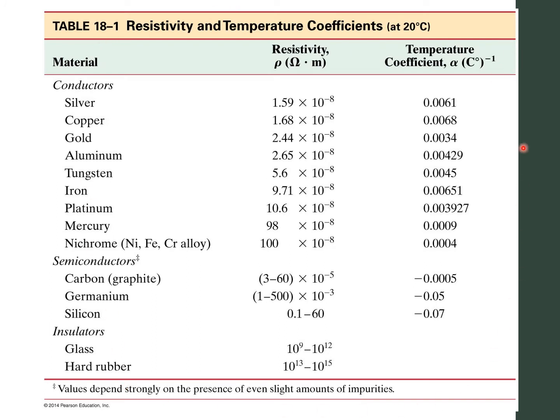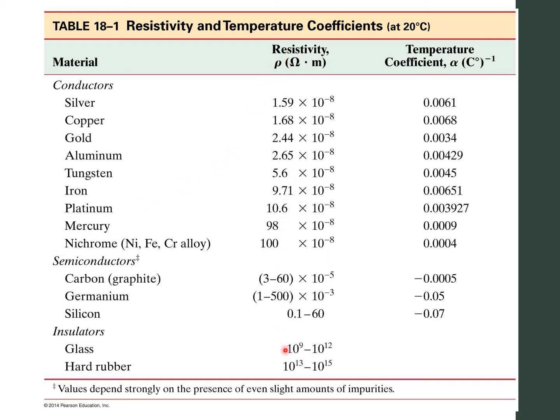So this table here is table 18.1. You'll be seeing it a lot this chapter when you're going through and doing calculations. So on the leftmost column, we have our material. It's separated out into conductors, semiconductors, and insulators. We are going to be sticking a lot in the conductor section of our materials.